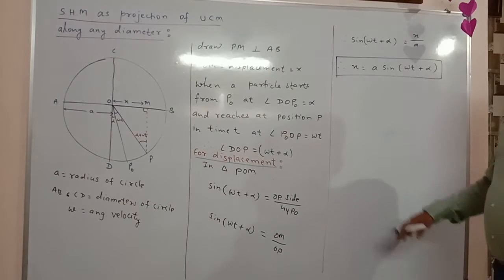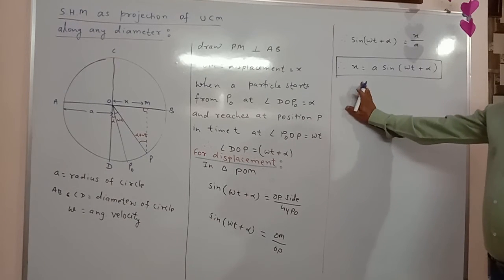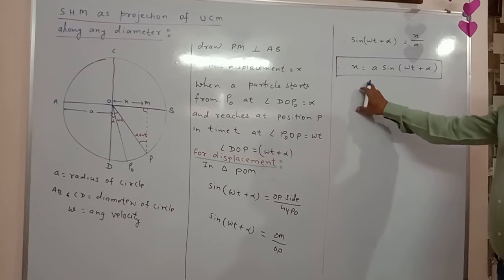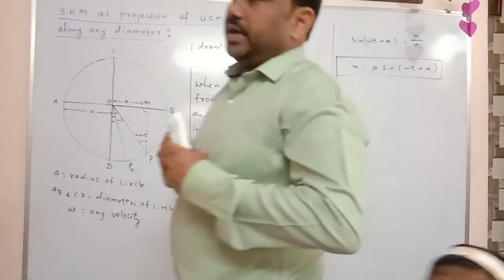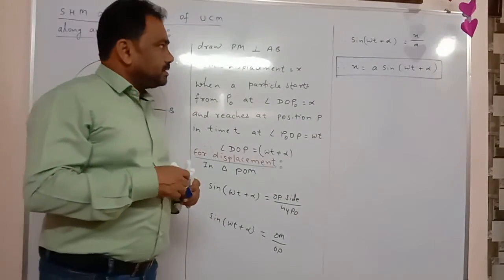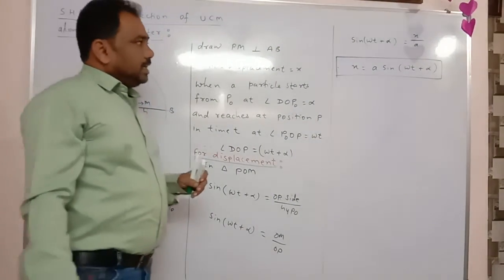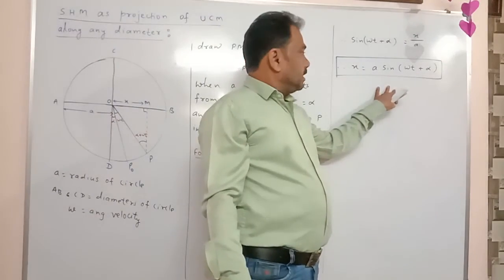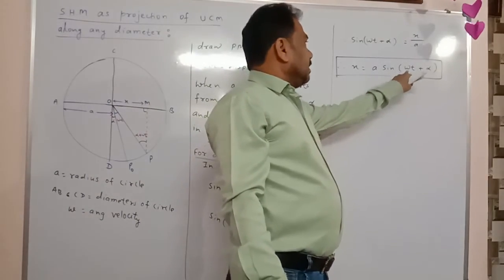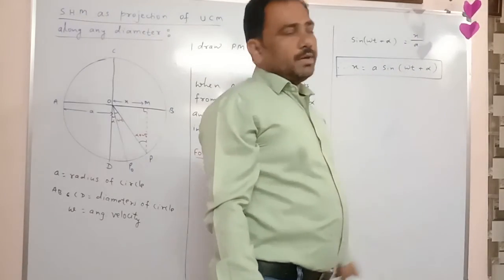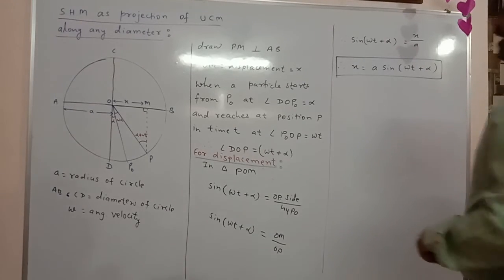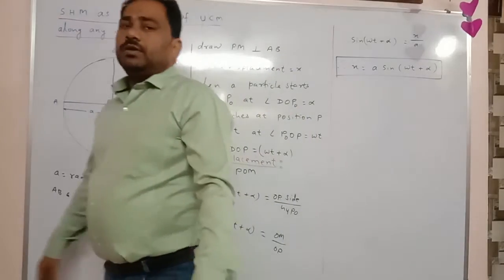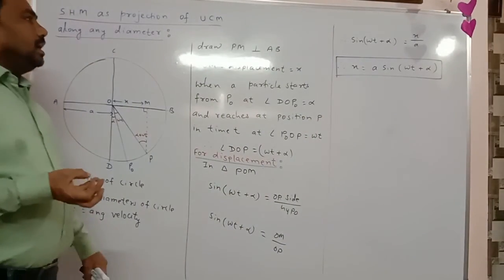You should remember here that x is the displacement. So displacement is equal to a sine of omega t plus alpha; when we want to calculate the displacement x, we use this concept. After that we will go towards velocity and acceleration.